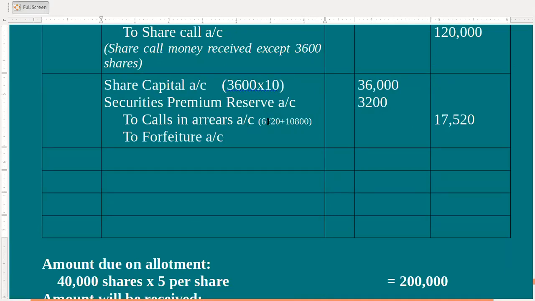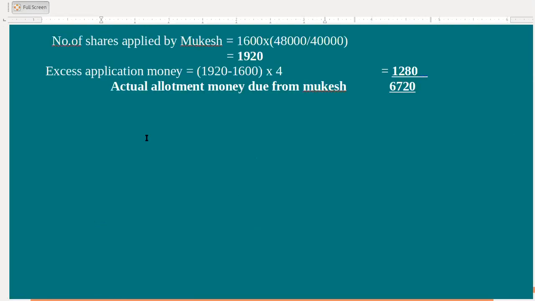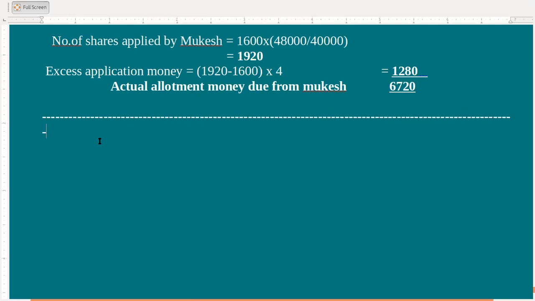Okay, so let us understand how it will be 21,680. I will show you. In the forfeiture account, what amount will we provide? The amount already paid by the shareholders, right? Up to the date of forfeiture, the amount paid by the shareholder, that only we will provide in share forfeiture.